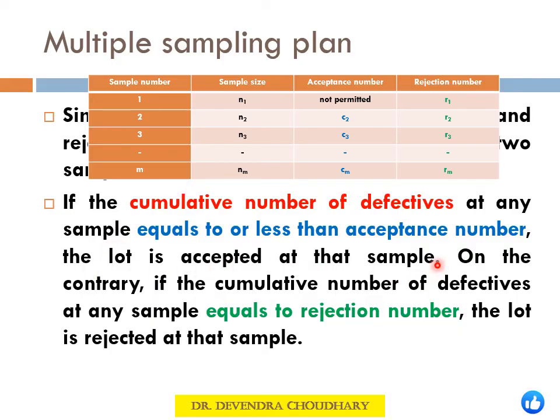Just as we discussed in double sampling plan, when combined defectives are less than or equal to the acceptance number, we accept the entire lot, and if the cumulative number of defectives at any sample equals the rejection number, the entire lot is rejected at that sample.